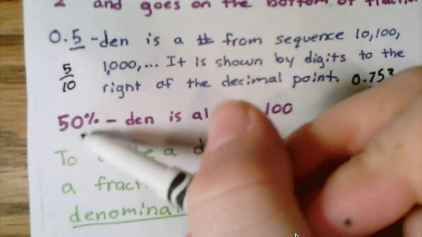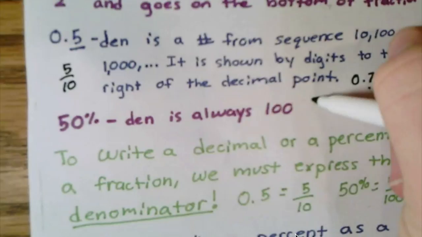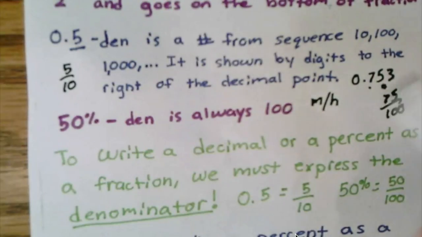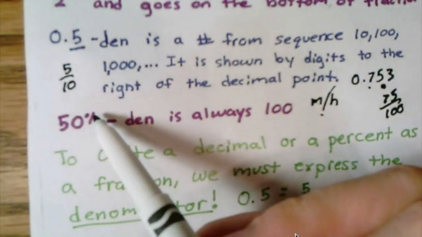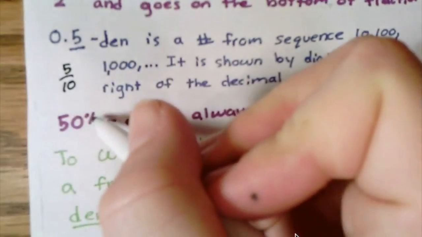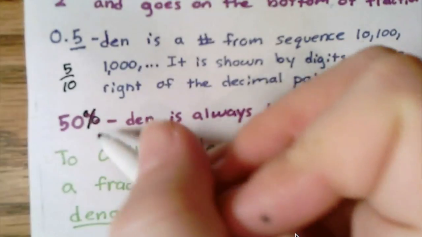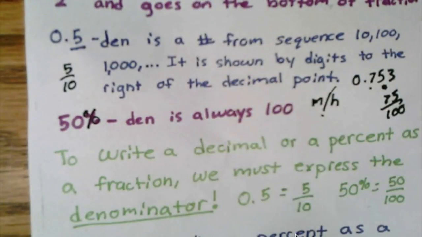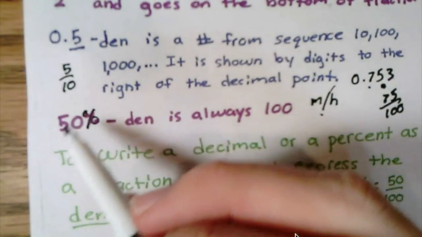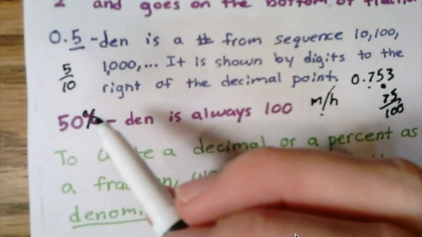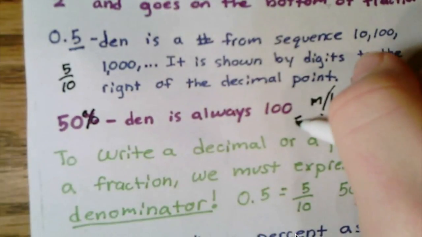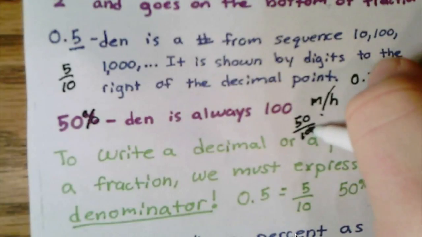This line is per, like miles per hour. This line means per. So this is actually a per, and then you have these two symbols which are per 100. So if it is a percent, it is 50 per 100 or 50 over 100.